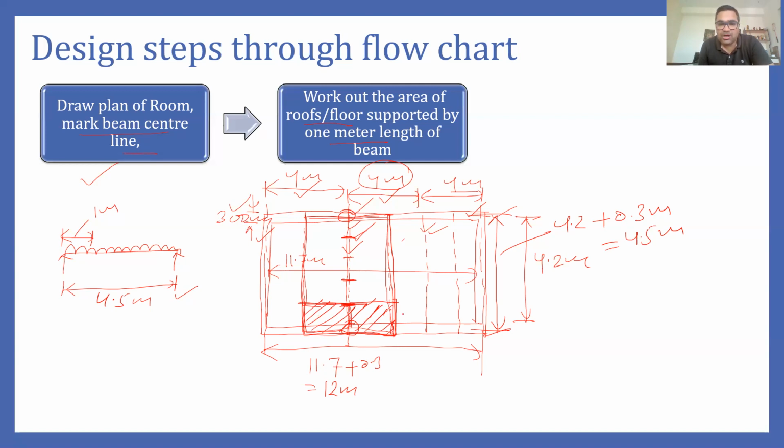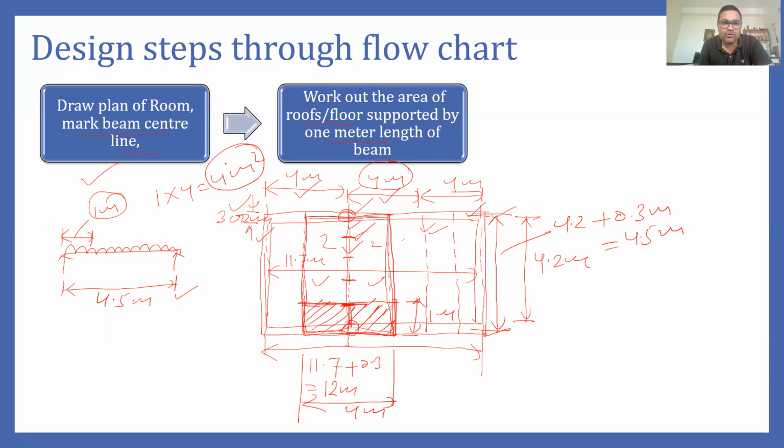Basically, how much area is this? This will be, say, 1 meter, and half is this and half is this. What is this length? This length will be 2 meter plus 2 meter, so this becomes 4 meter. So ultimately, on 1 meter length of the beam, the area of roof supported on the beam will be 1 into 4, which means 4 meter square.